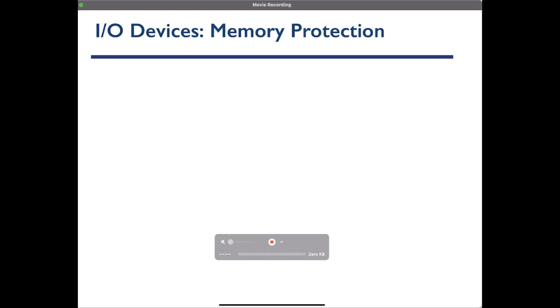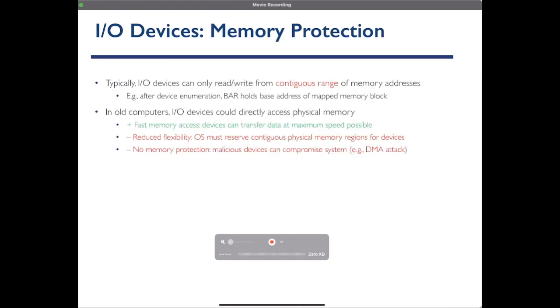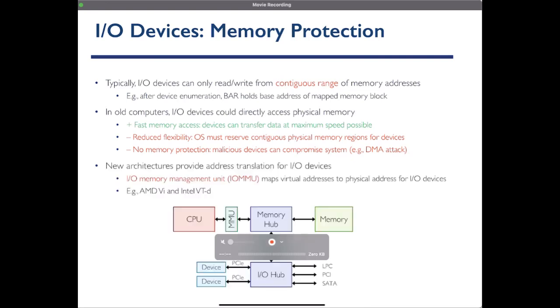Now, let's talk about I/O devices and memory protection. So typically and historically, I/O devices need a contiguous range of memory addresses, and this is common. This is actually a trend that is changing.